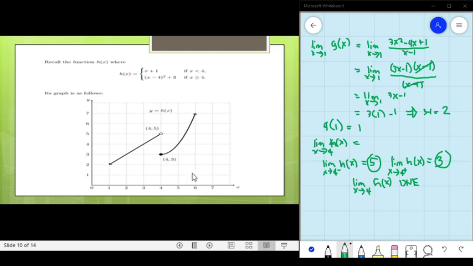Okay, so yan na, no? Sige, so mao ni siya ang gitawag og jump essential discontinuity. Ang from the left ug ang from the right are not equal. Okay, so this graph confirms that the discontinuity of h of x at x equals 4 is certainly not removable.